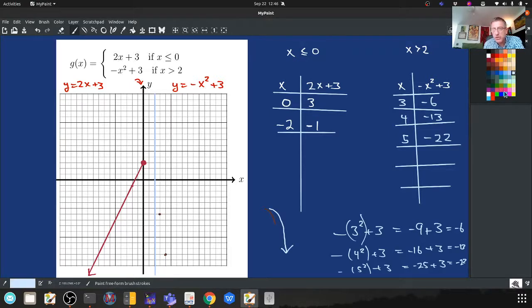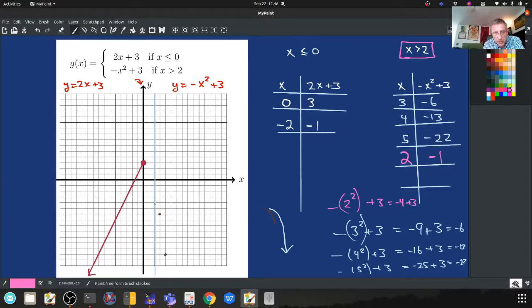But we're also going to do something a little bit illegal right here. I'm going to go ahead and assign a value of 2. Even though x has to be greater than 2, I'm going to assign a value of 2 for it. So minus 2 squared plus 3 is minus 4 plus 3, which is minus 1.